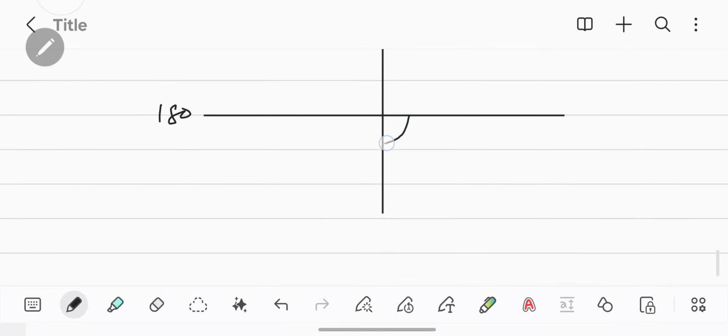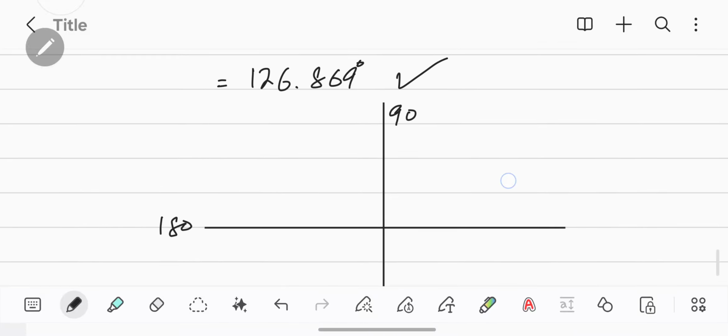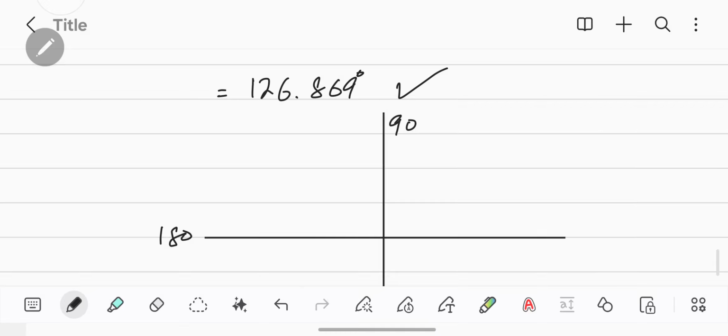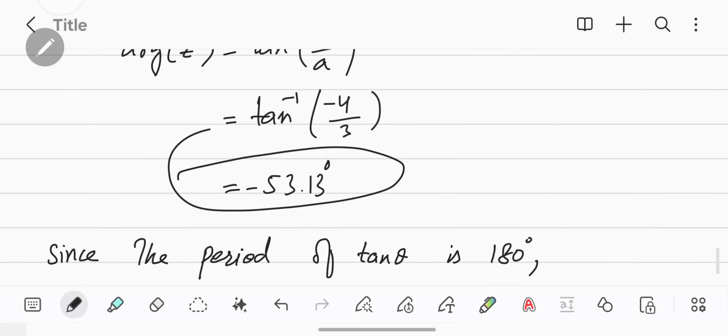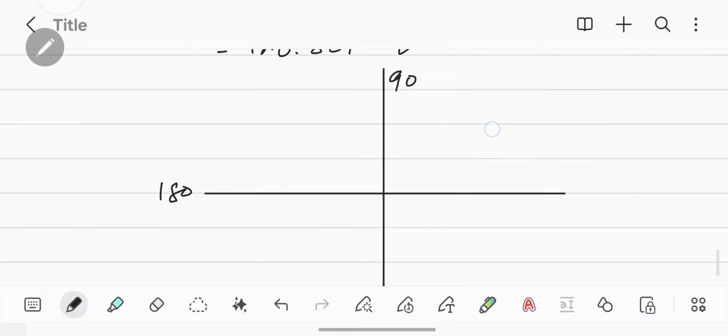Similarly, from here to here, I will cover minus 90 degrees, and from here to here, minus 180 degrees. So this is the way we cover an angle. The first possibility is negative 53.13. Since from here to here I have 90 degrees, I have to stay somewhere here because my angle is 53.